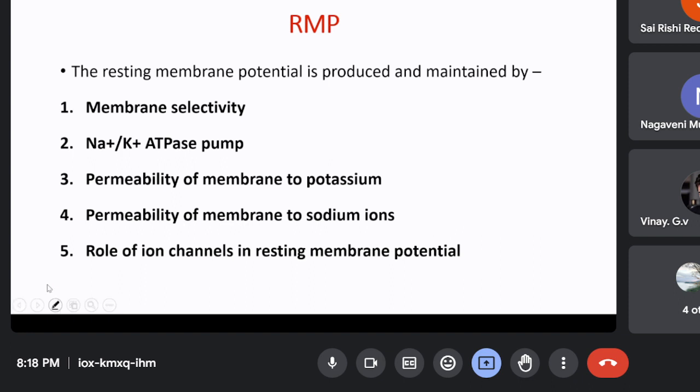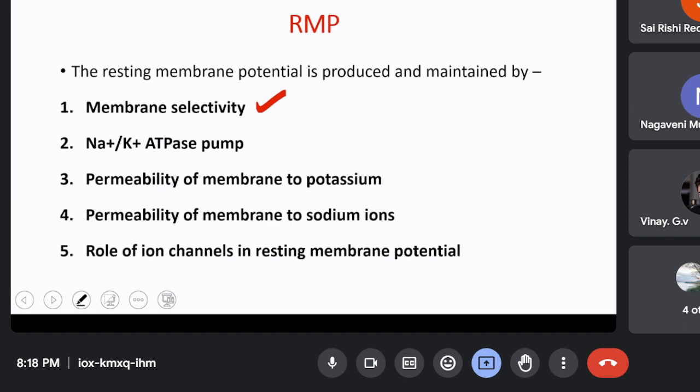Yesterday we discussed the origin of resting membrane potential. We have seen that it is produced and maintained by membrane selectivity, that means how a membrane acts as a semi-permeable or selectively permeable membrane. The difference between those two we have seen.